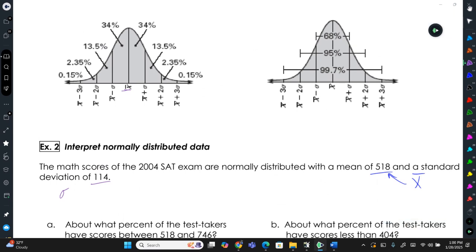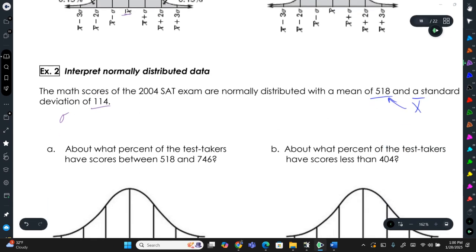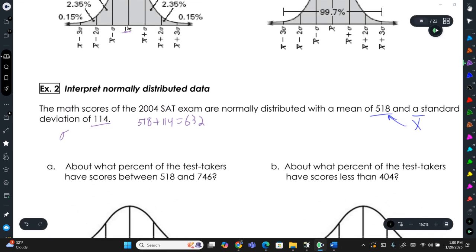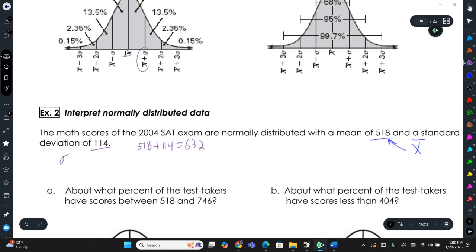Then to the right, I'm adding one standard deviation. So 518 plus 114 is 632. So that means this one is 632 because I'm adding one standard deviation. That's what this is saying right here. The mean plus one standard deviation. The next one says the mean plus two standard deviations.